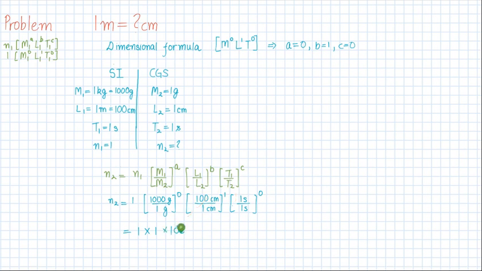Here it is to the power 0, and anything to the power 0 is 1. So you have 1 times 1 times 100 times 1. So the N2 value is 100. Therefore you can write this 1 meter as 100 centimeters.